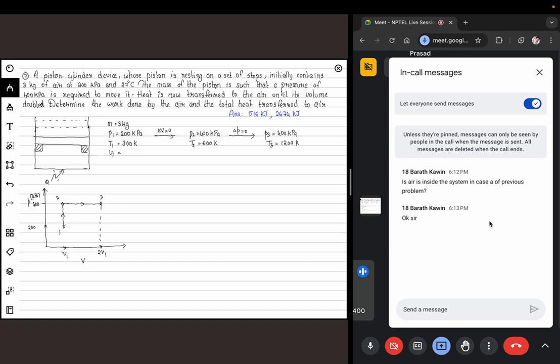Now how do I calculate the work done by air and the total heat transfer to the air? What is the net work done? Net work done is essentially the area under the PV curve.